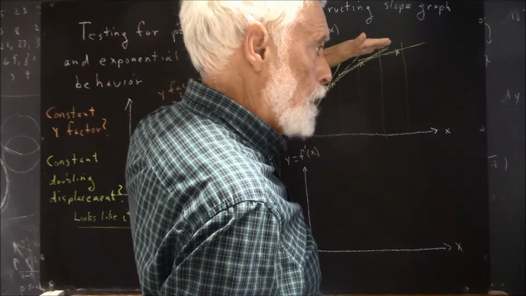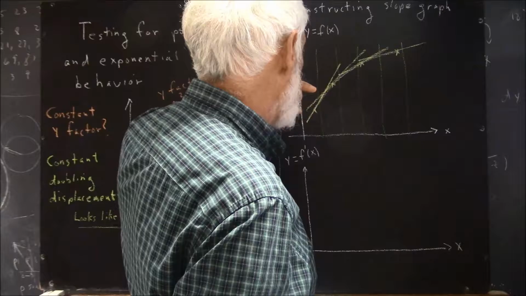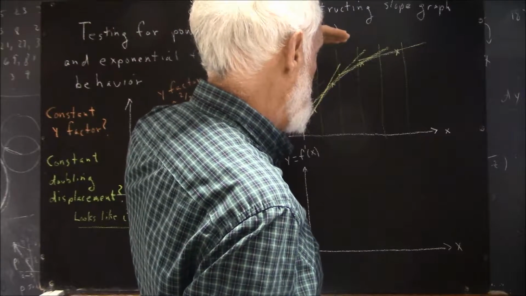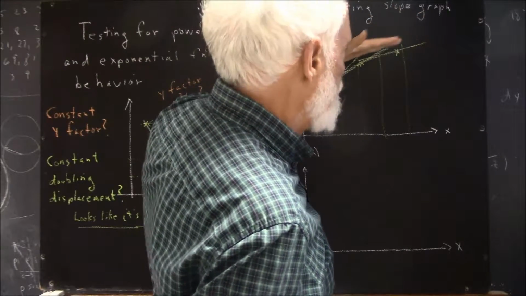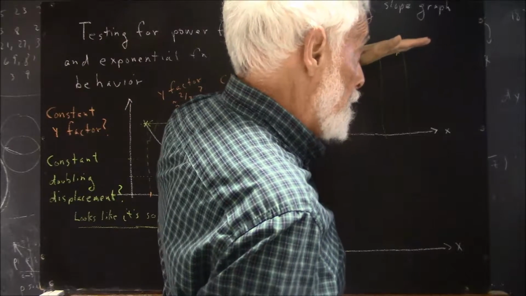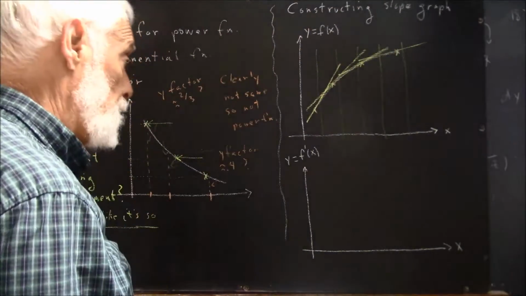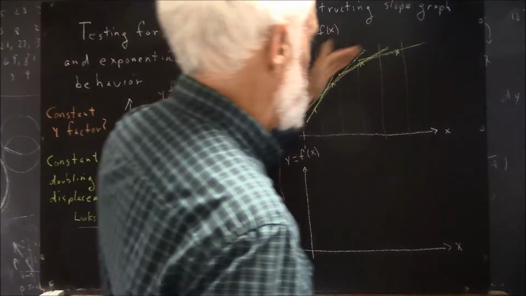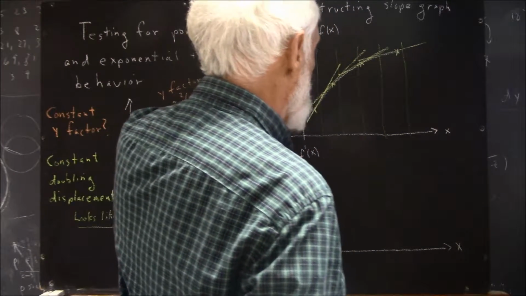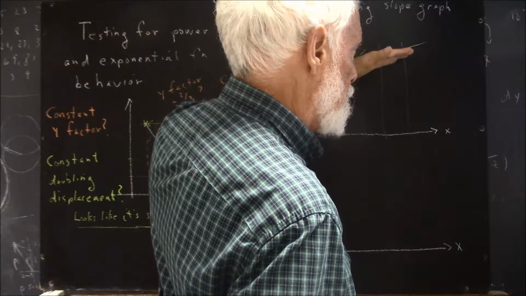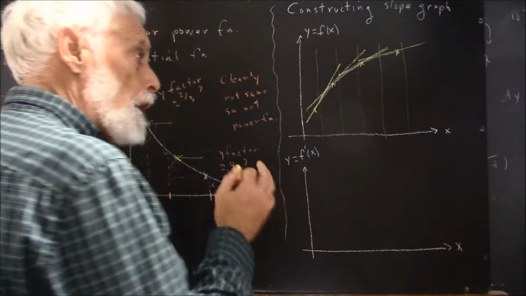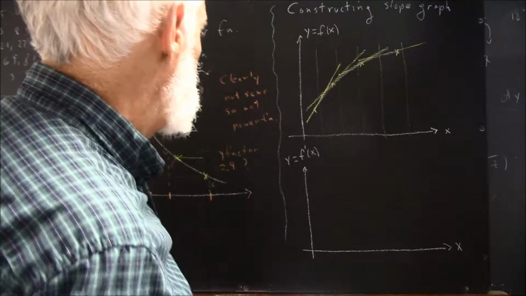But what we definitely don't want is for the line that we construct not to be parallel to the line which would be tangent to the curve. We want it to be close to the curve, but we don't worry too much about whether we're a little high or a little low, because really all we're looking at is the slope.